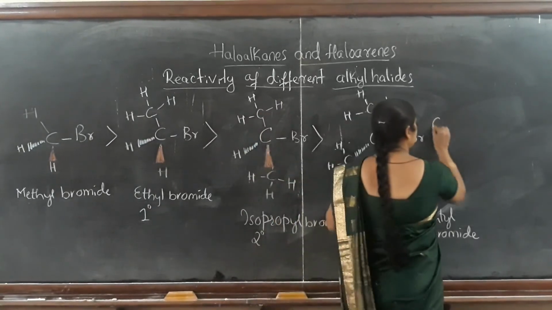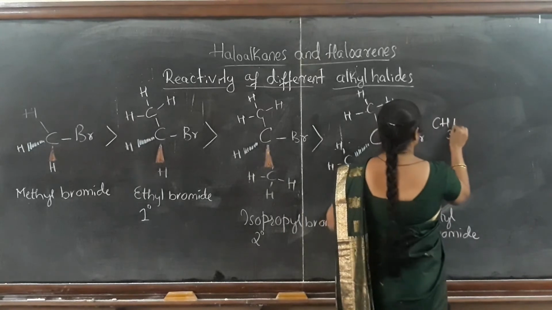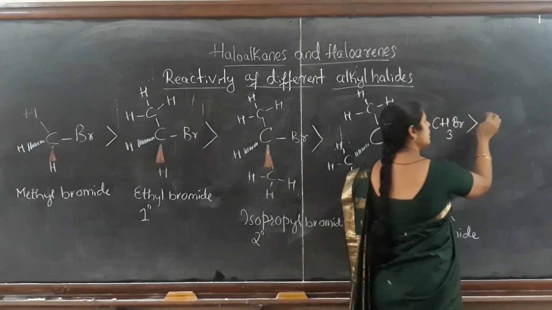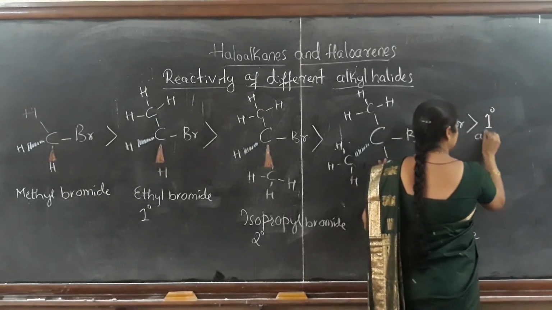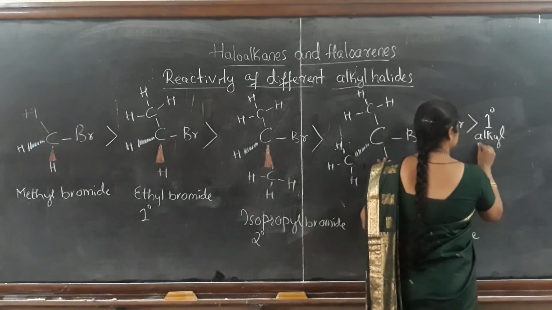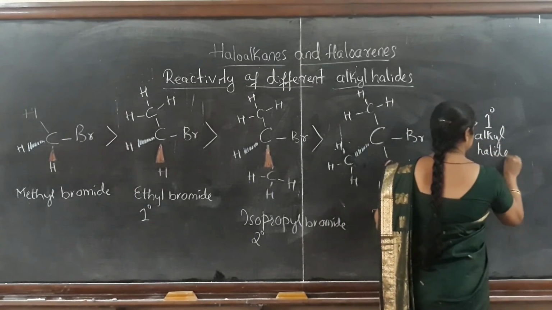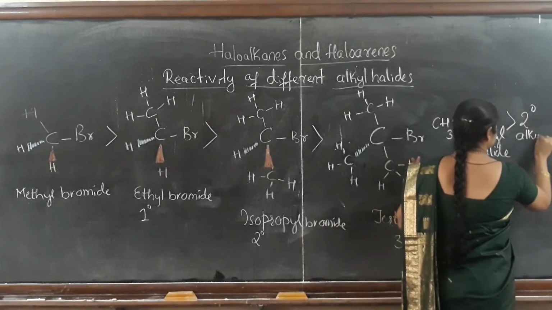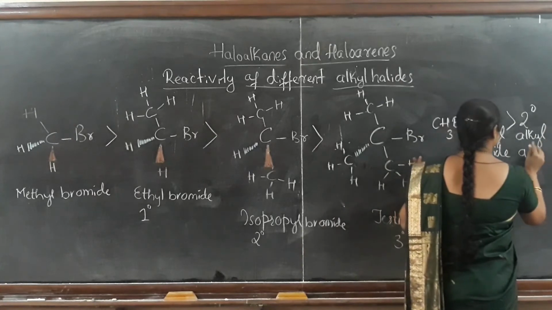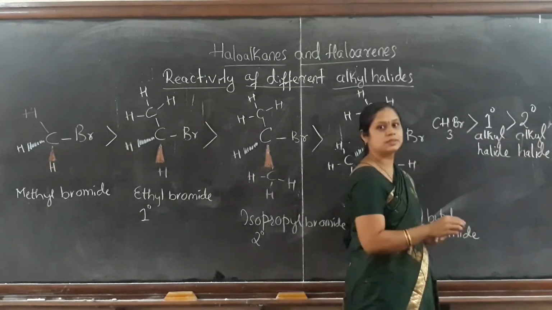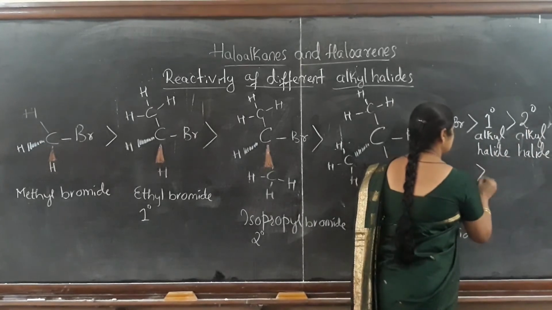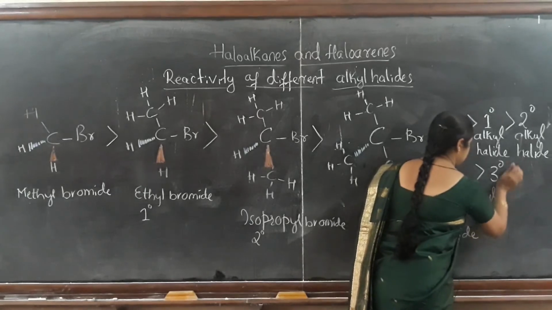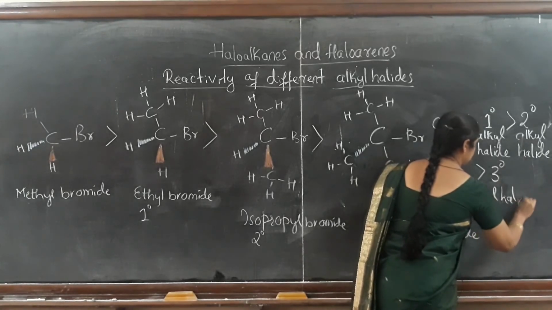So, the reactivity of methyl bromide is higher than a primary alkyl halide. This is higher than a secondary alkyl halide, and it is higher than a tertiary alkyl halide.